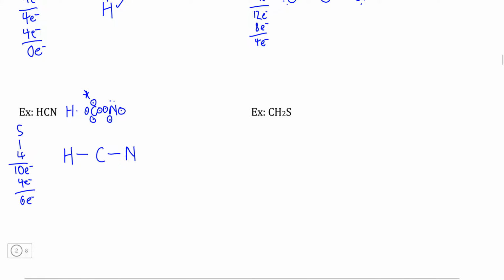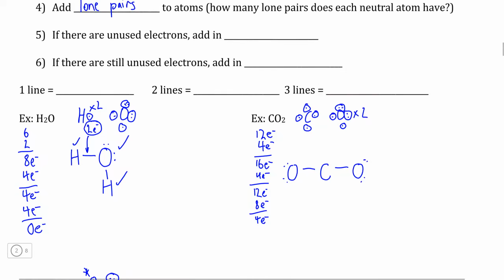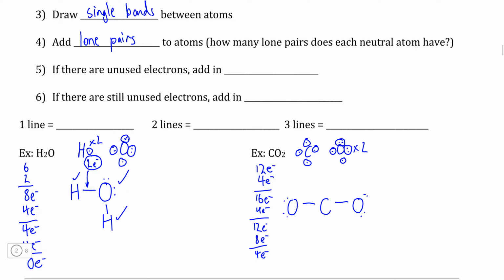Because hydrogen and carbon don't have any lone pairs, we're only going to put nitrogen's lone pair back on, meaning that we only add 2, meaning that there are also 4 electrons missing in HCN. And this is where it helps to remember what multiple bonds are.